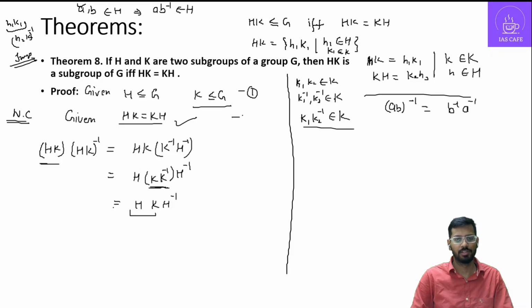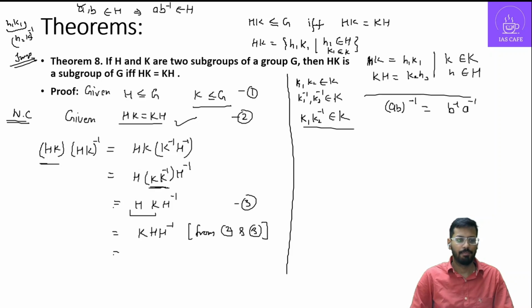So we will use this second and third. By second and third, we can write HK is equal to KH H inverse from 2 and 3. Okay.